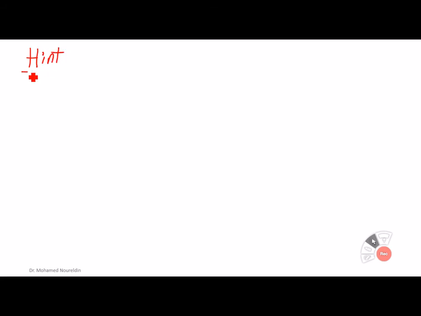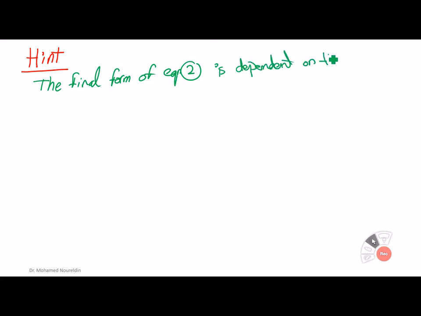There's an important hint: the final form of equation 2 is dependent on the sign of the term under the radical, right?